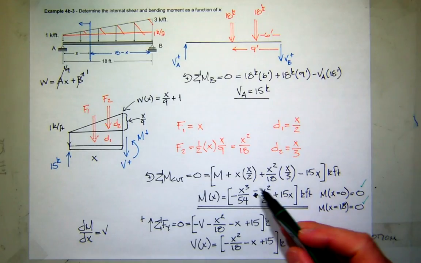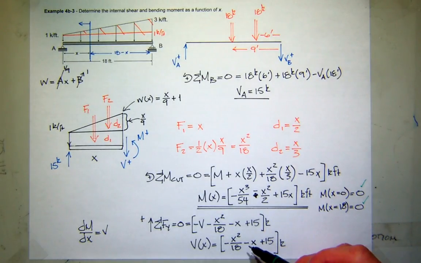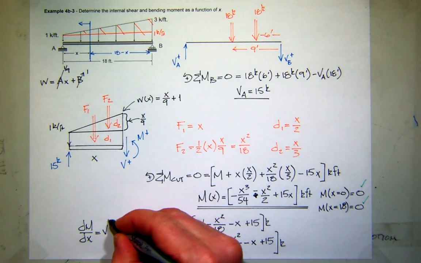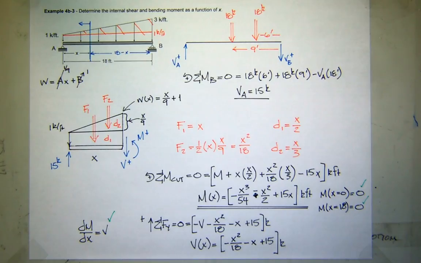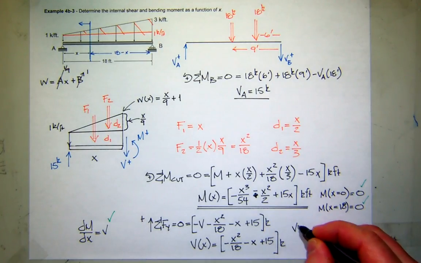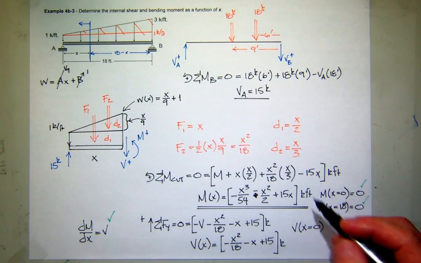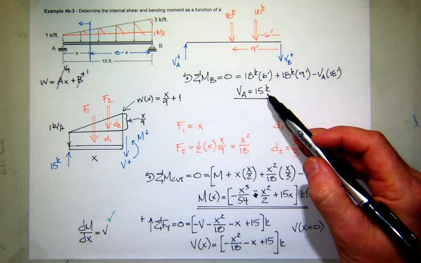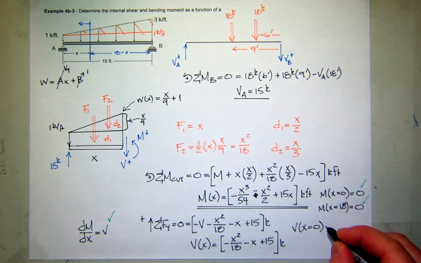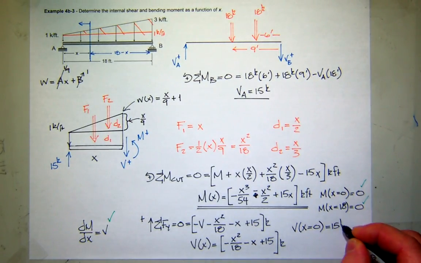If you take the derivative of the moment equation, do you get the shear equation? Looks like that's a yes, so that's a good sign. We also know that the shear at x equals 0 is 15. Does our equation tell us that it's 15 at x equals 0? It does.